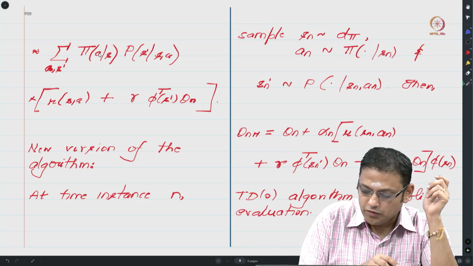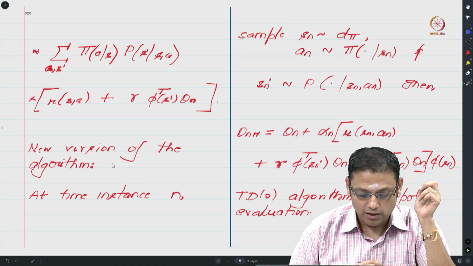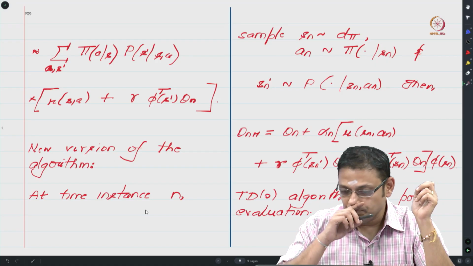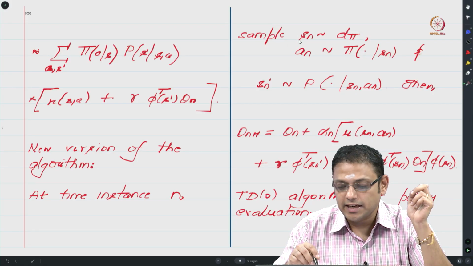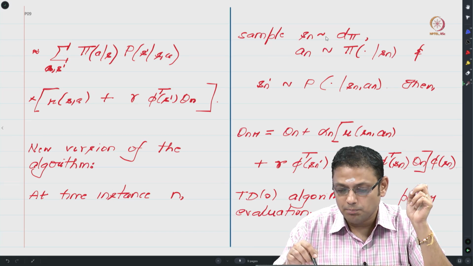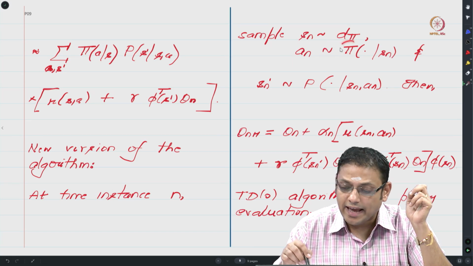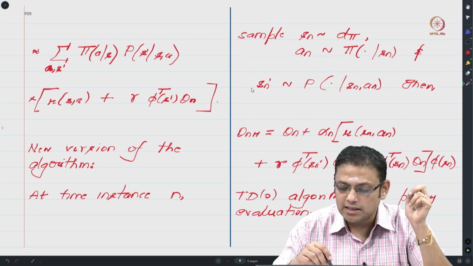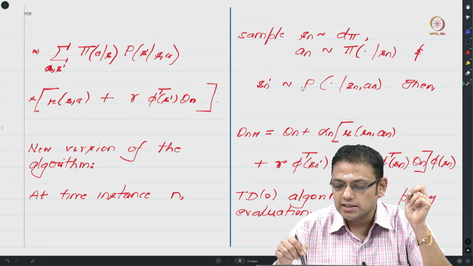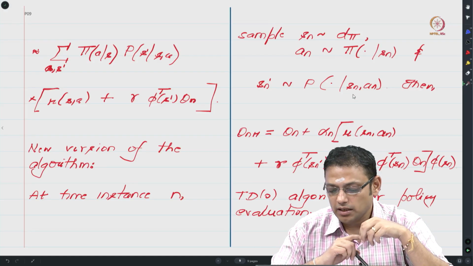Based on this, we can now come up with a new variant of the algorithm. At time instance n, we presume that Sn, some state at time instance n, is somehow obtained from the stationary distribution d pi. Then we sample an action An from this policy, presuming that the current state is Sn, and the next state Sn prime is presumed to come from the transition distribution conditioned on the current state being Sn and the current action being An.